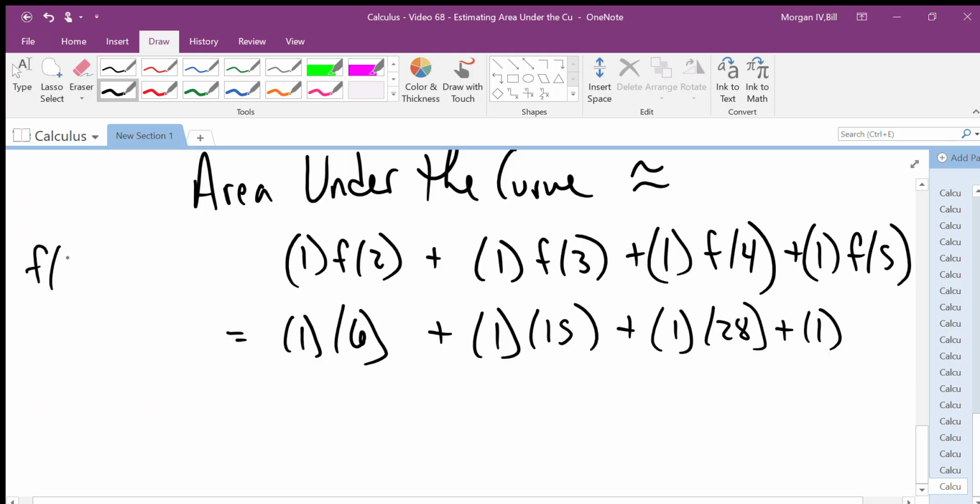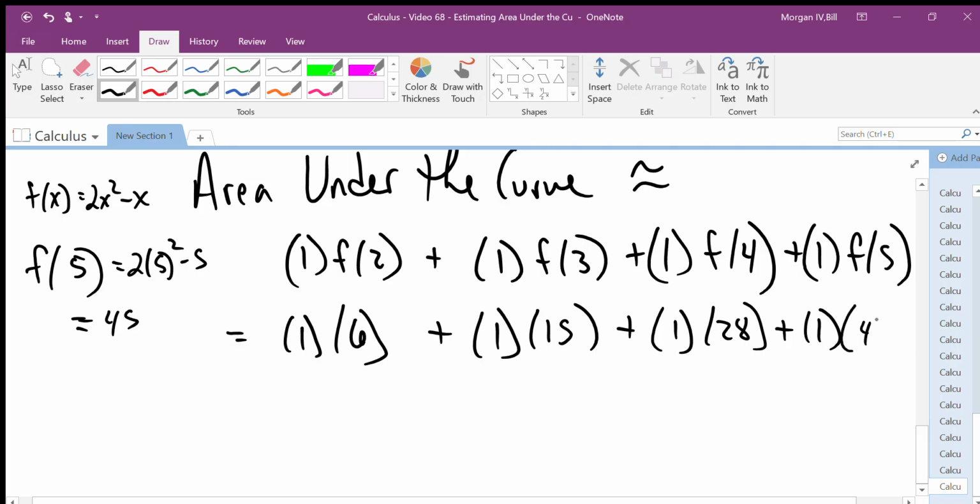f of 5, remembering that our f of x is 2x squared minus x. So f of 5 would be 2 times 5 squared minus 5. That is 25 times 2 is 50. 50 minus 5 is 45. So 1 times 45.